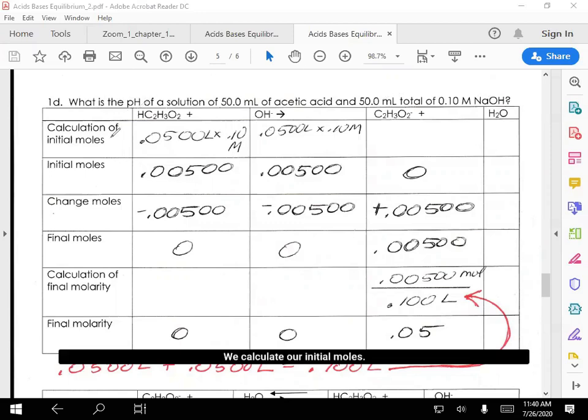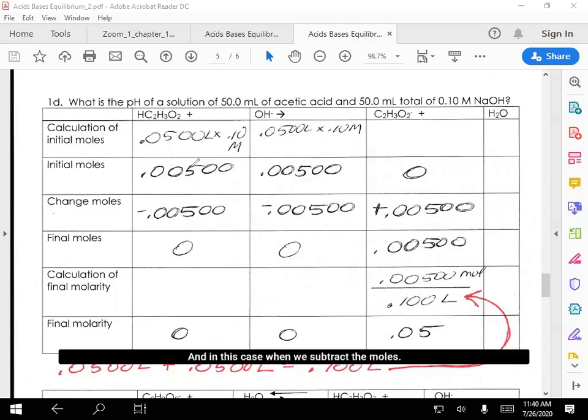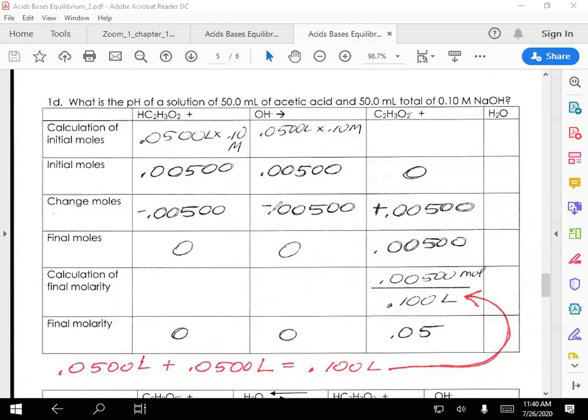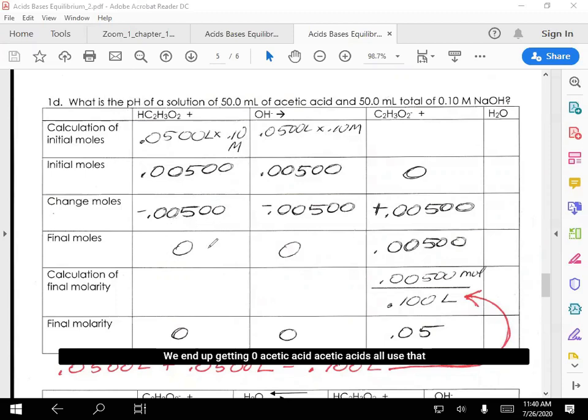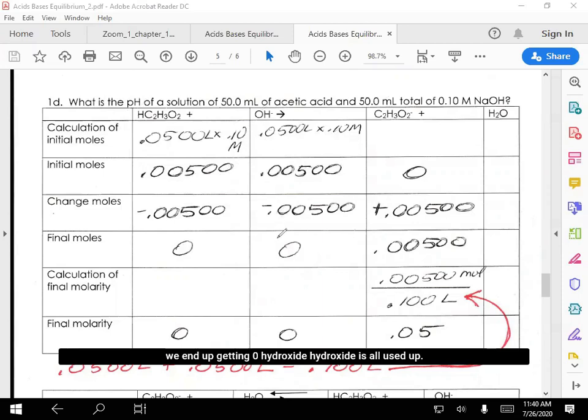We calculate our initial moles. And in this case, when we subtract the moles, we end up getting 0 acetic acid. Acetic acid is all used up. We end up getting 0 hydroxide. Hydroxide is all used up.